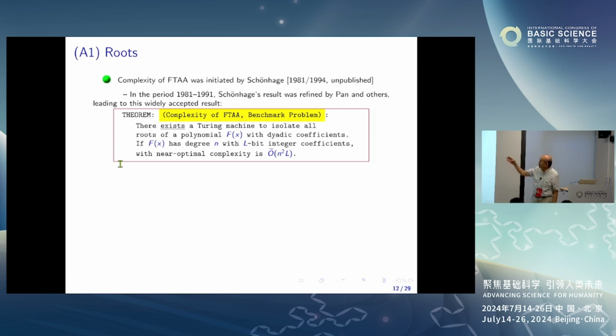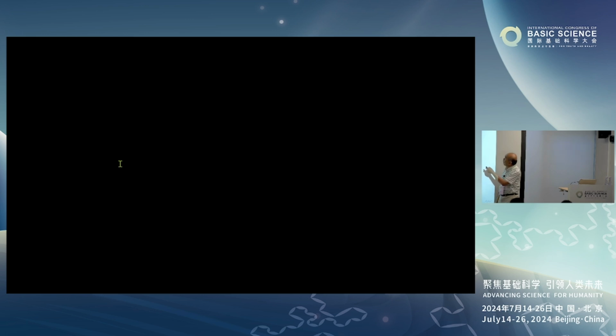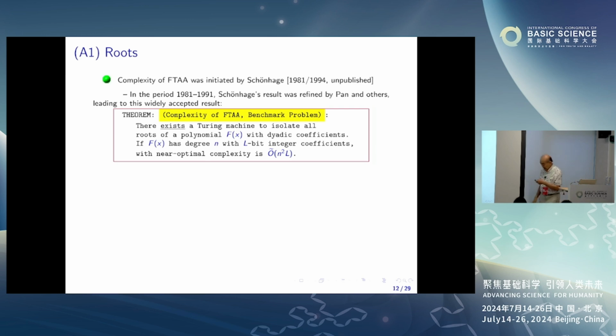That's how we get approximate algorithms. That's how we get approximate polynomial coefficients, by using dyadic numbers. And then if the polynomial has degree n and the coefficients are L-bit integers, then the complexity is about O tilde, where the tilde means you're hiding logarithmic terms, of n squared L. And basically this is optimal.